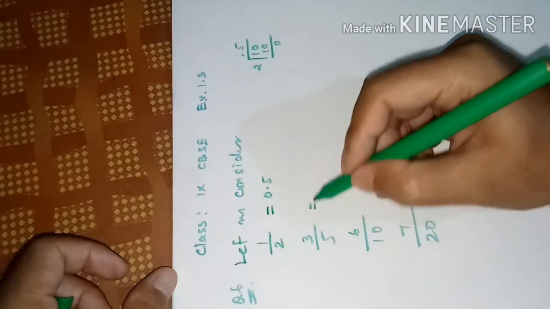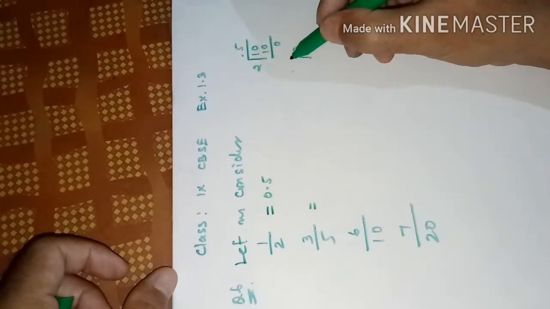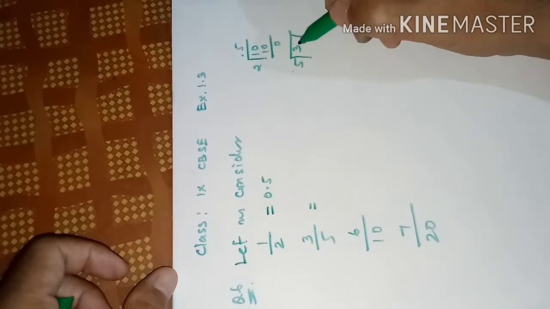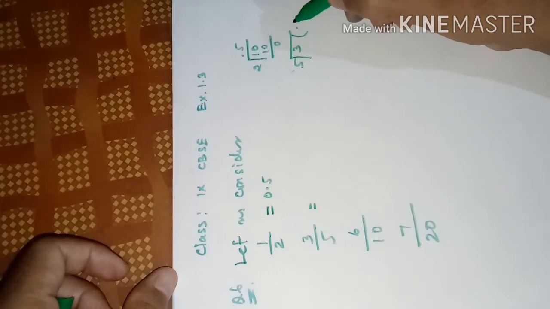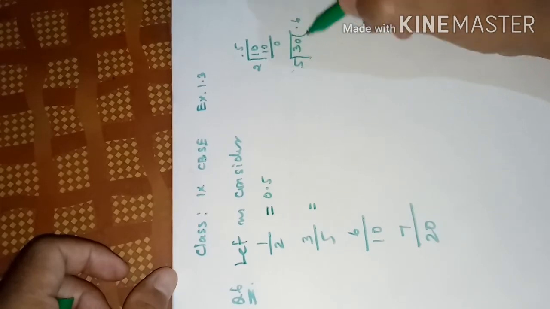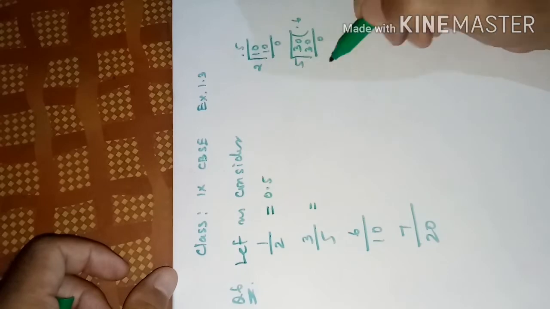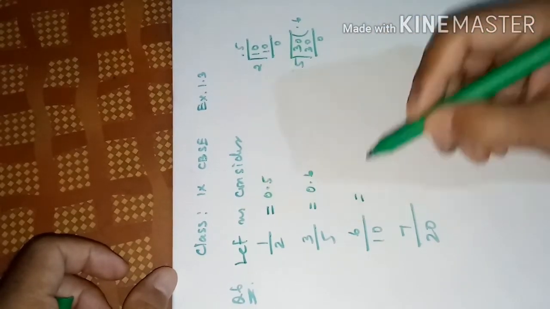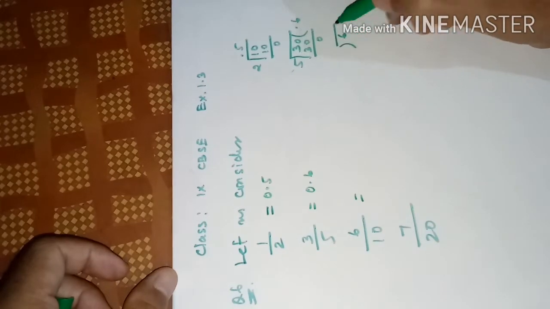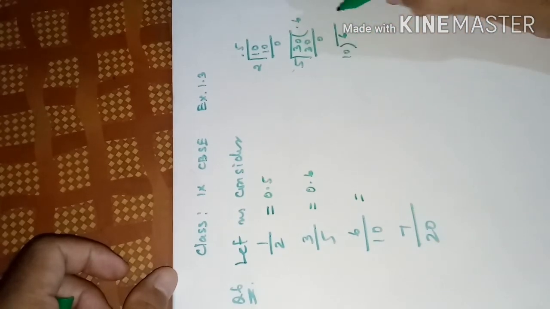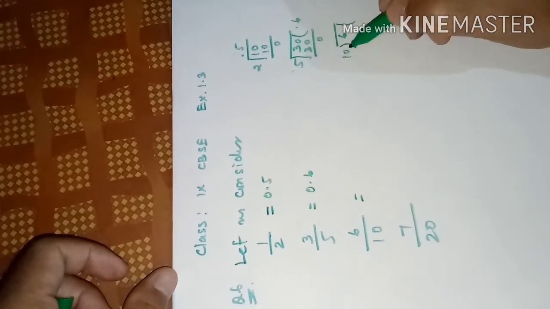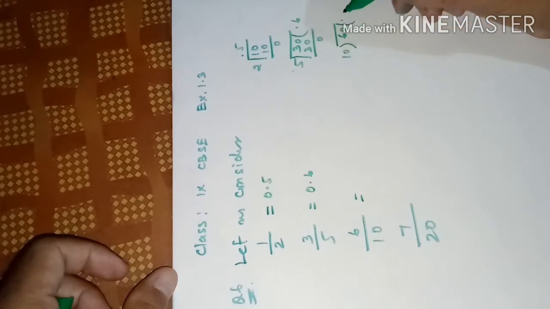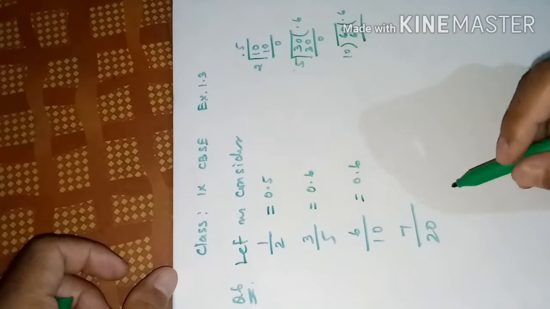Next one, let us see. 3 divided by 5. 3 cannot be divided, so we put the point and 0 here. 5 sixes are 30, here also remainder 0, so we got 0.6. Then 6 divided by 10: 0.0, 10 sixes are 60, so 0.6.